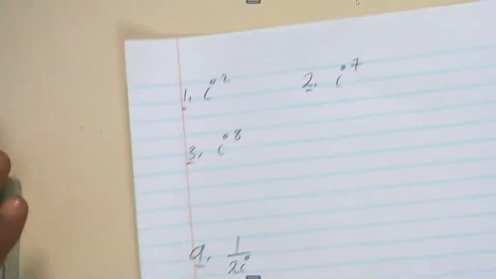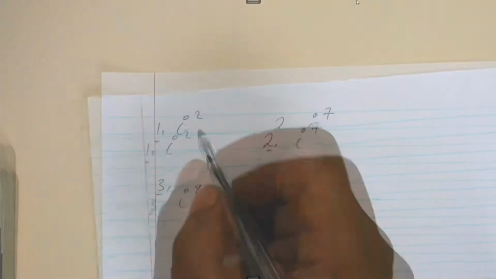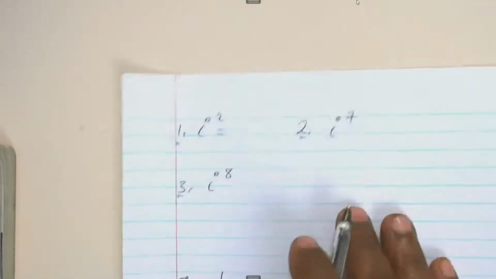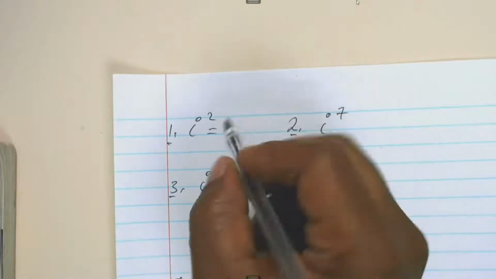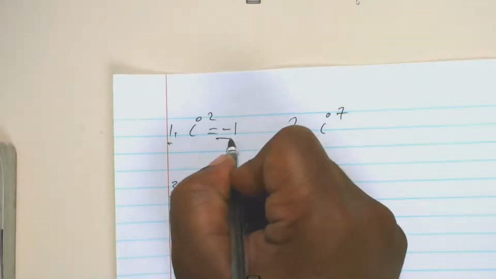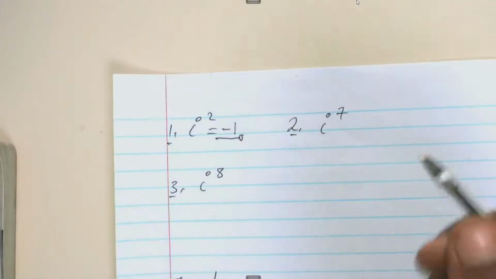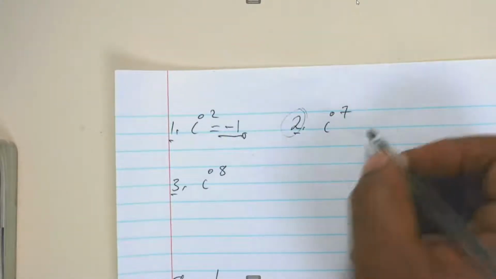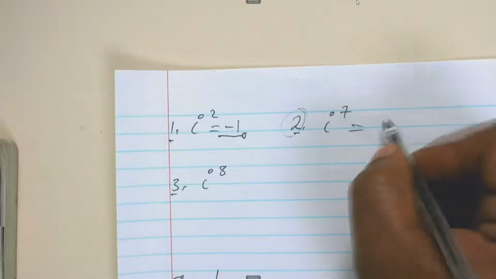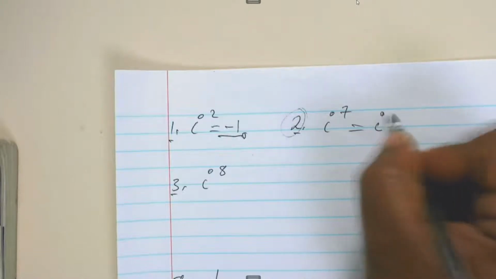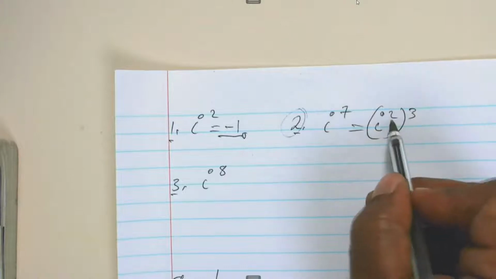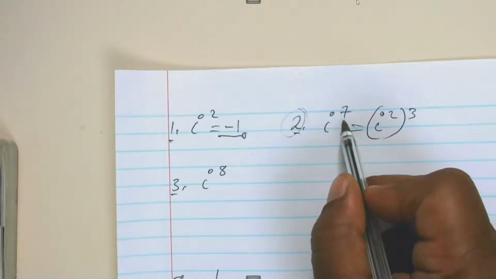The first one, I hope learners will understand that we said during the beginning of our presentation that i squared is equal to negative 1. But now if we are to simplify number 2, we need to write it as i squared multiplied by 3, which is 6, because 2 multiplied by 3 is 6, but this one is 7.